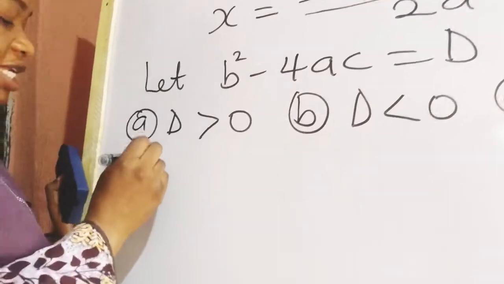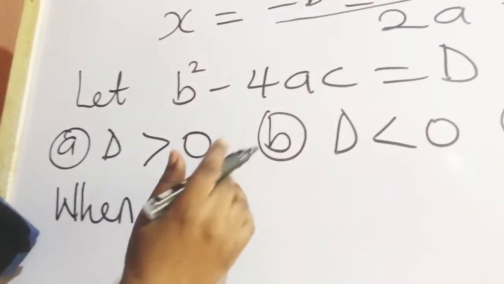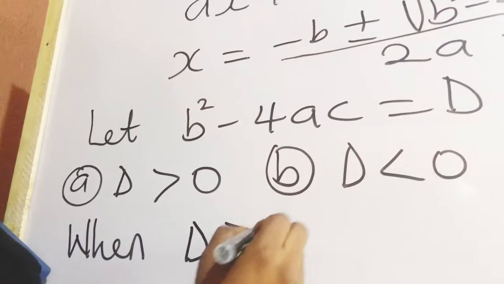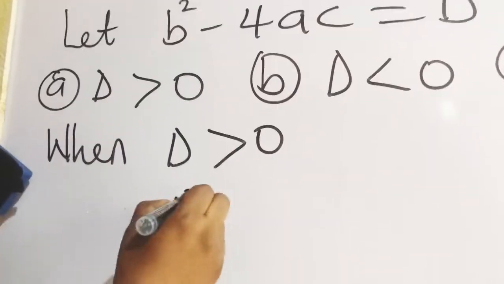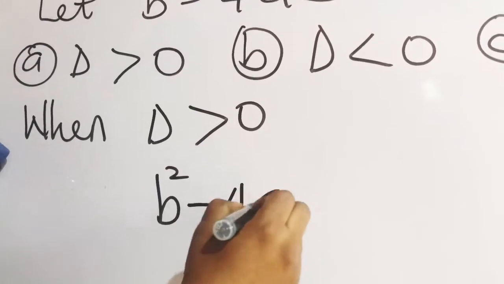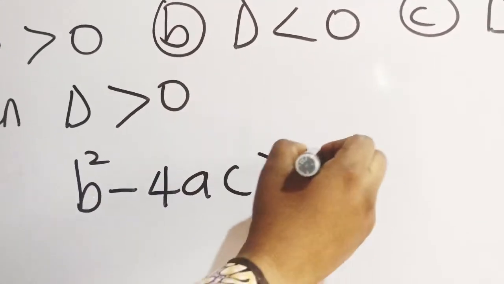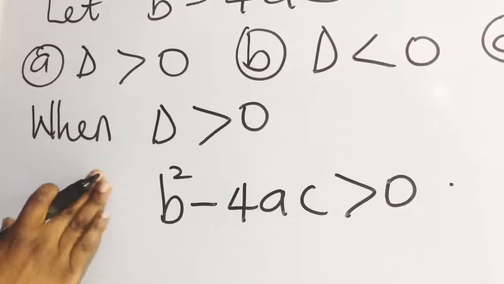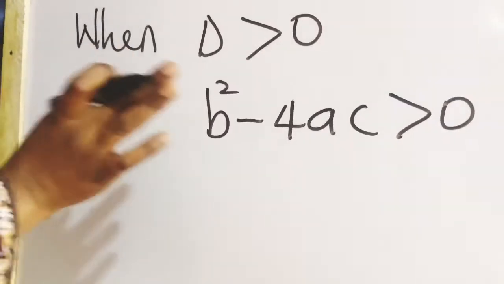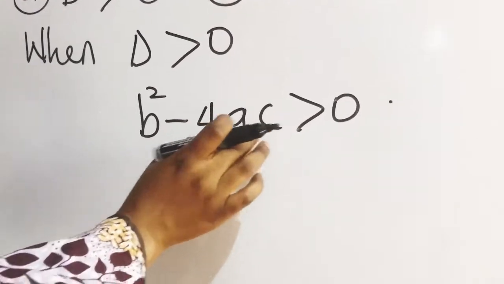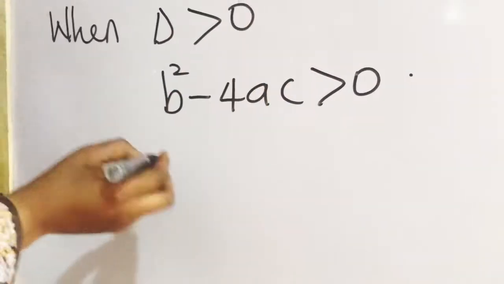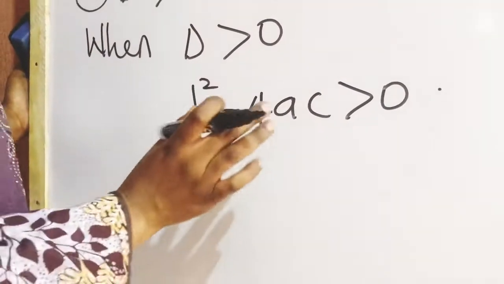When d is greater than 0, that is when d is positive, that is when b squared minus 4ac is greater than 0, what will happen to the roots of the quadratic equation? The roots are going to be real and distinct.